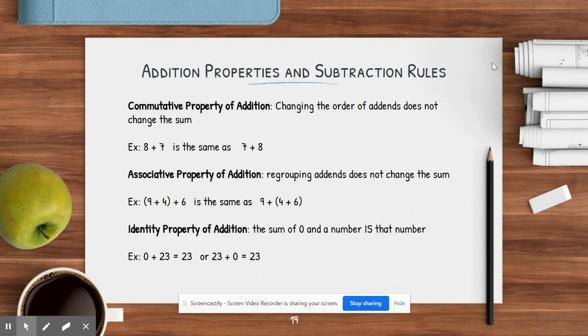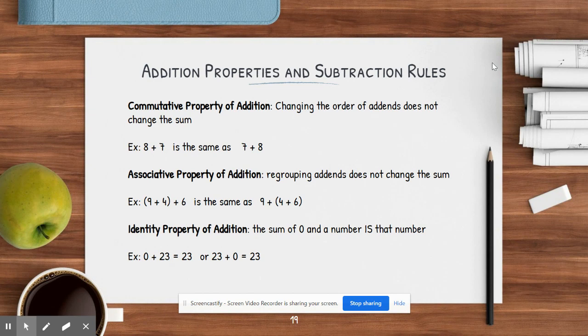So this property says we can change the order of how numbers sit, and it's not going to change our answer, which is a cool thing to recognize. I would include the example.